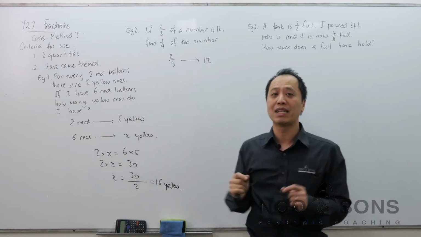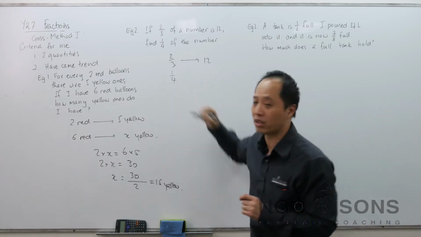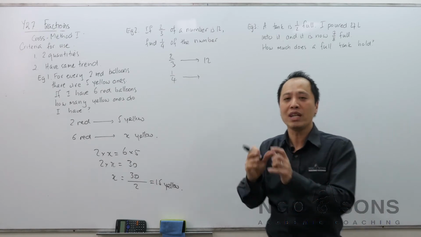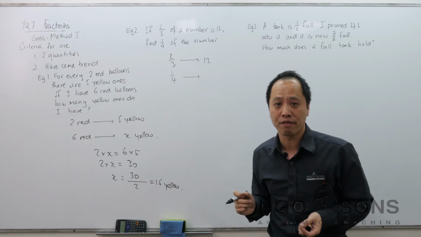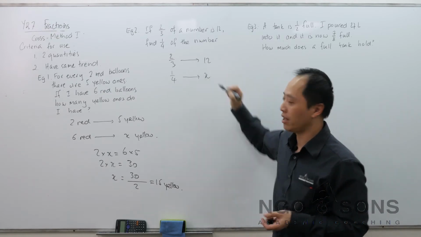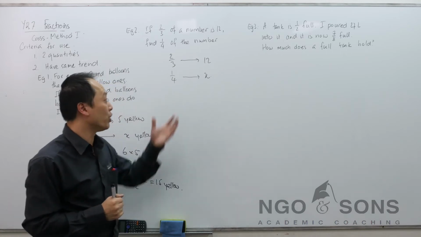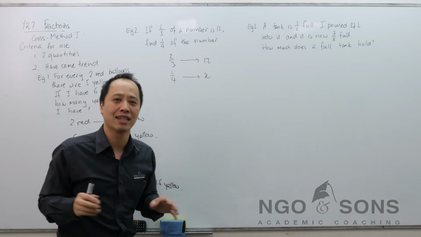We're given that it's 1/4 of the number. So we know the fraction we want, which is 1/4. And that gives how much? What is the value of this 1/4? Well, we don't know, but that's what we want to find. So we'll call it X. Okay, so now I've set out the working for you, and that, to me, is really the hardest step.